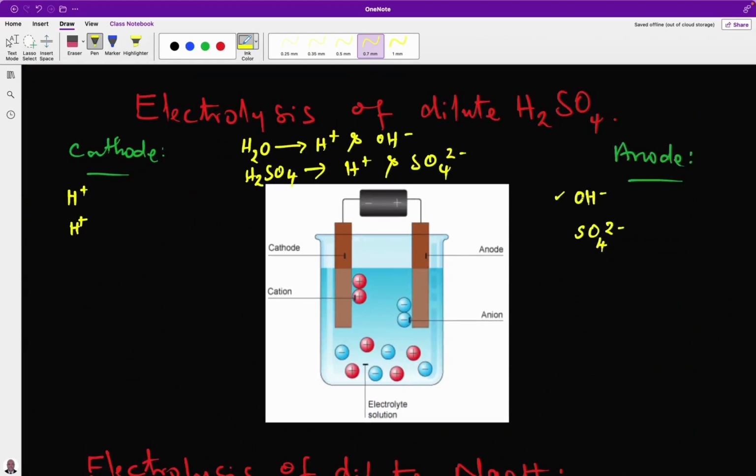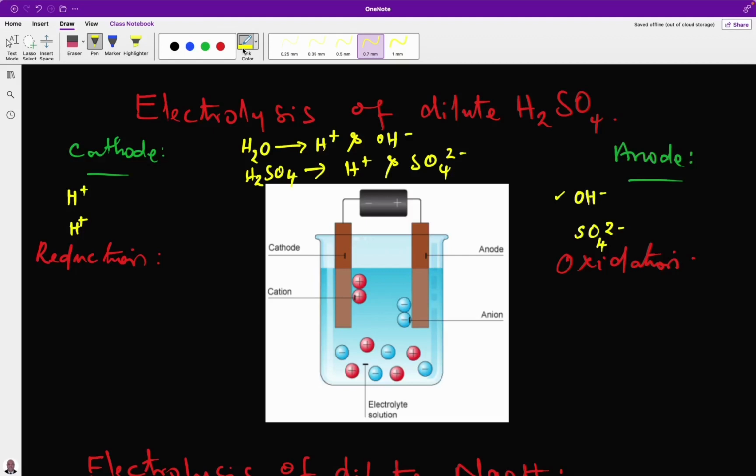That's it. Let's write our half equations. The cathode will undergo reduction, and the anode will undergo oxidation.